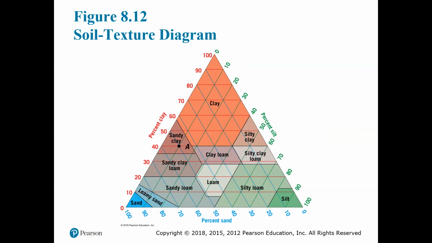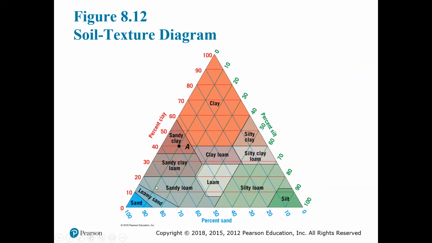Sandy clay here is going to be about 40% clay, about 50 to 60% sand, and then about 10% silt if we follow our silt line down. So you can see how these lines intersect here. The blue line represents sand, the red line represents clay, and the green line represents silt. So this junction at point A would fall into sandy clay.